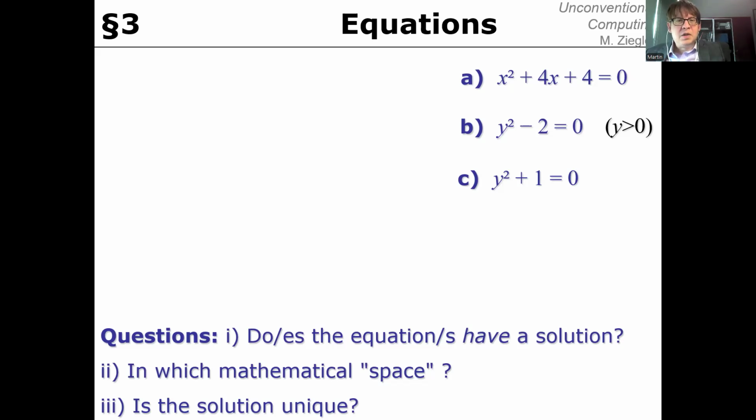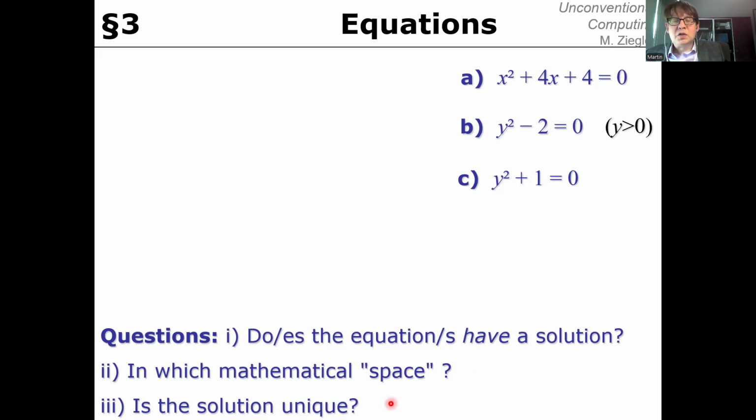And so this equation has no solution over integers, no solution over rational numbers, no solution over real numbers, but over complex numbers, this space of complex numbers, it has a solution i, and it actually has two solutions. It also has the solution minus i.